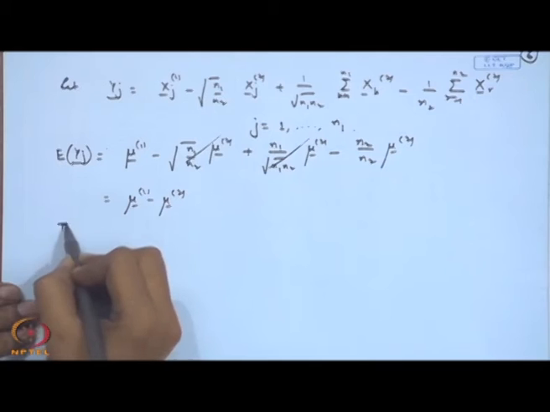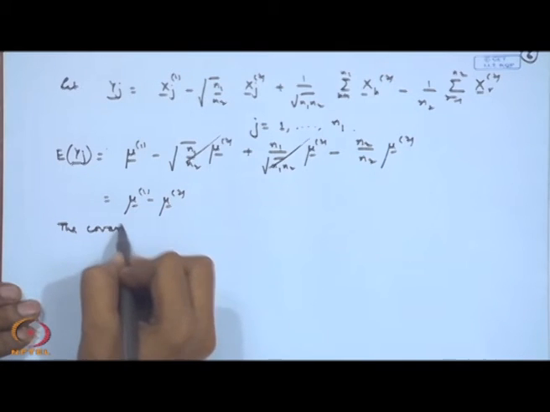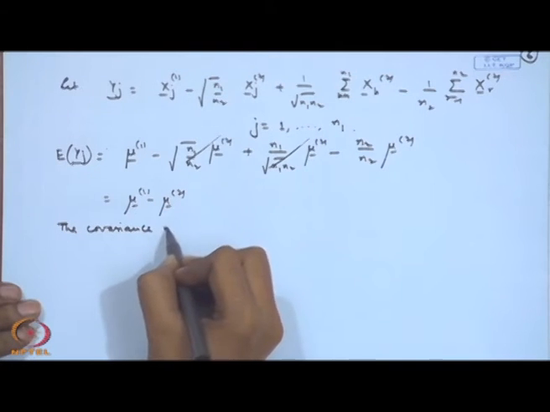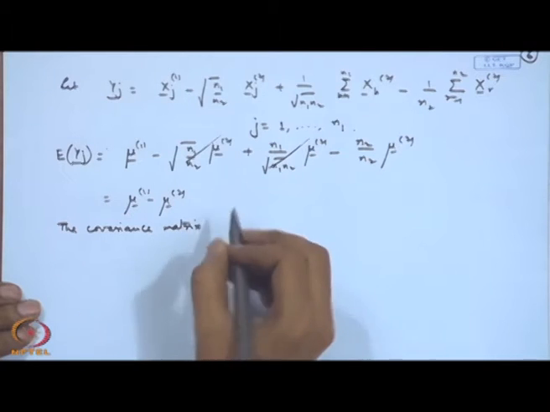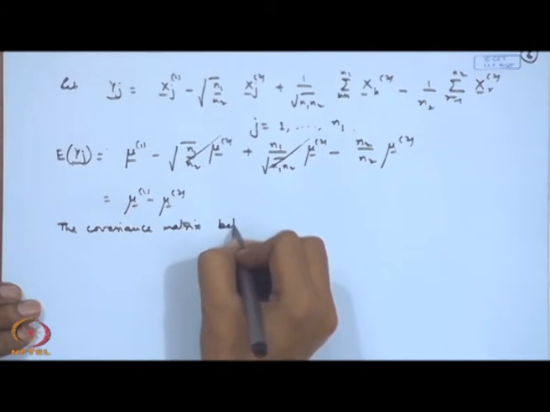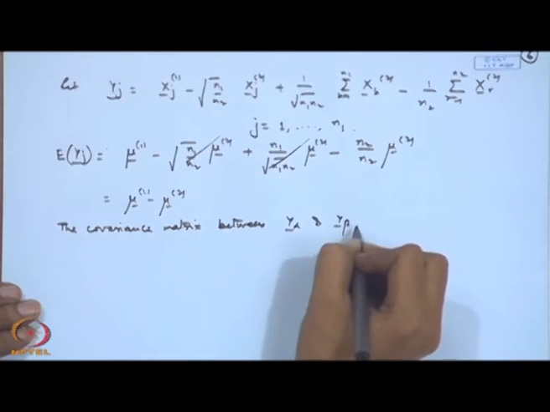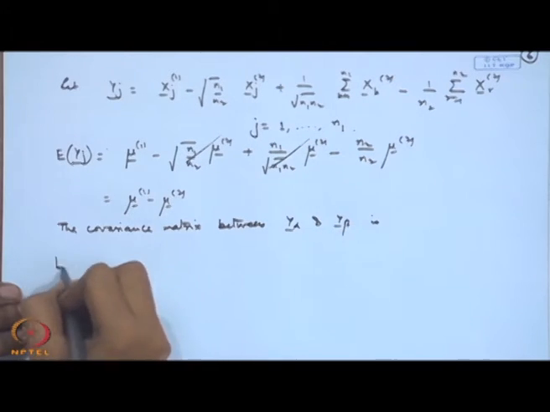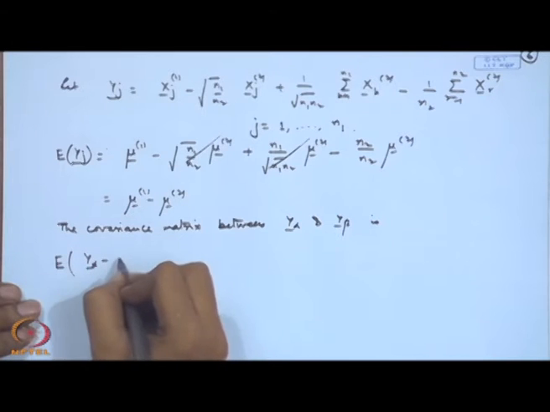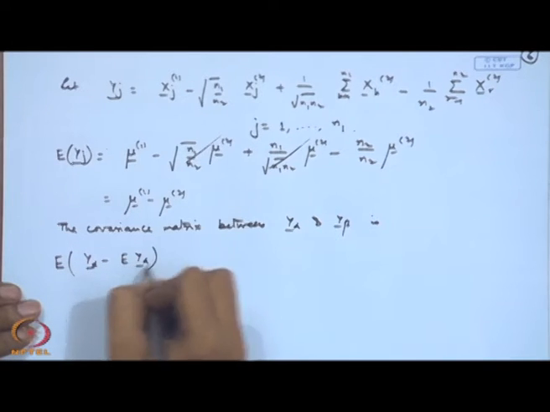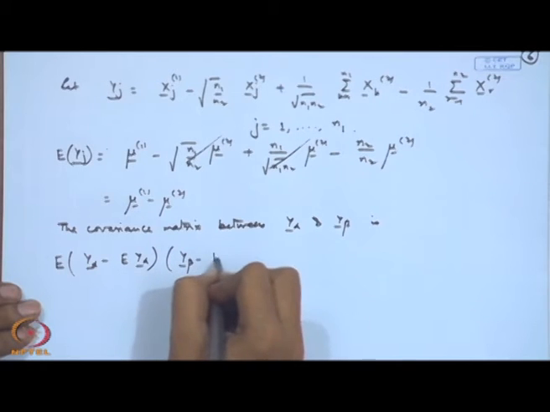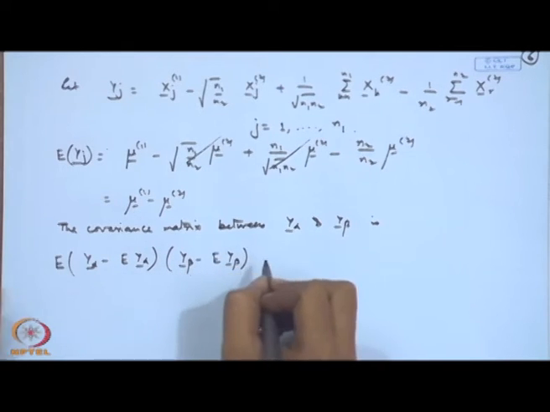Also, let us consider the covariance matrix between two observations, say y_alpha and y_beta, that is equal to the expectation of (y_alpha minus its expectation)(y_beta minus its expectation) transpose.